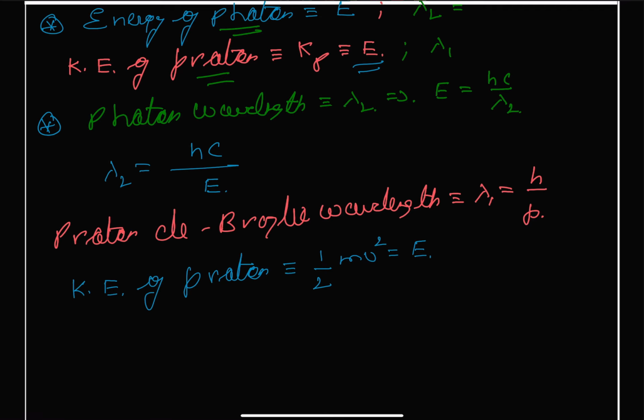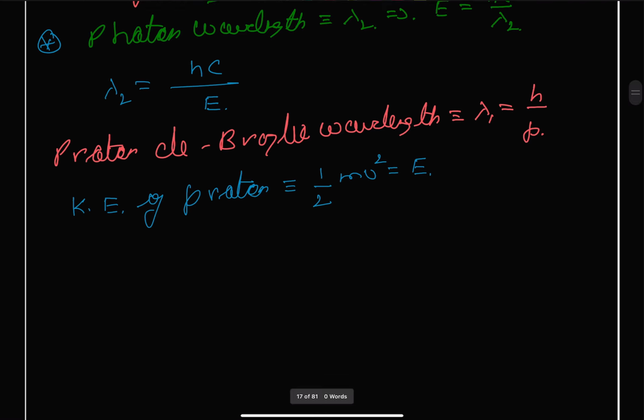So from here we can find our velocity. Velocity is equal to square root of twice E upon m.